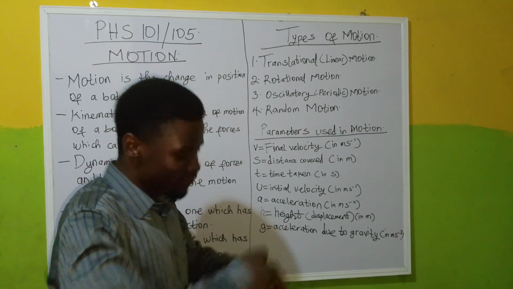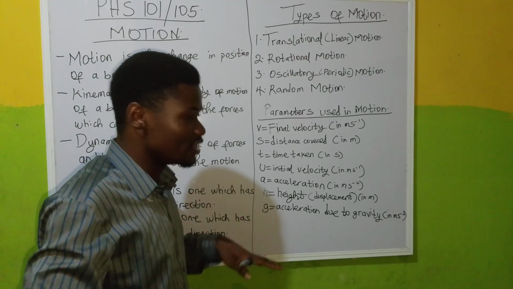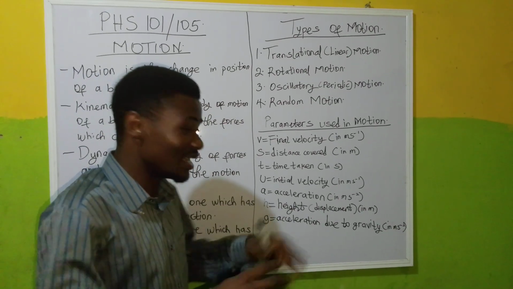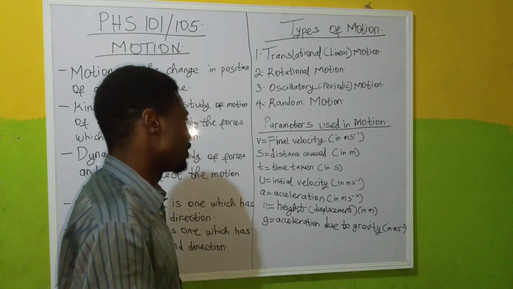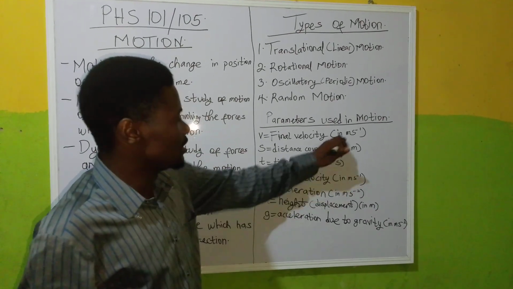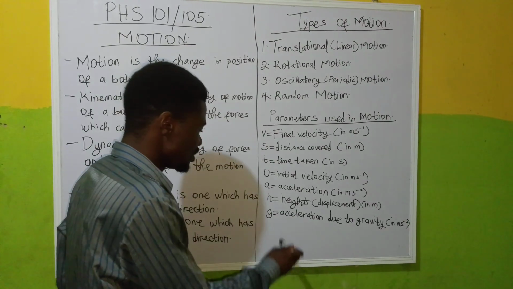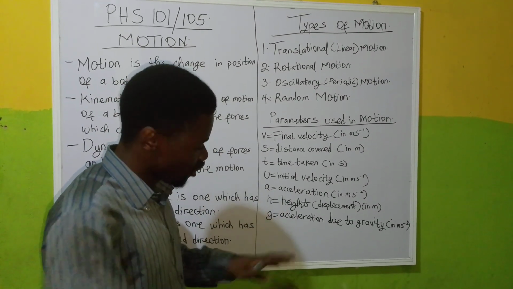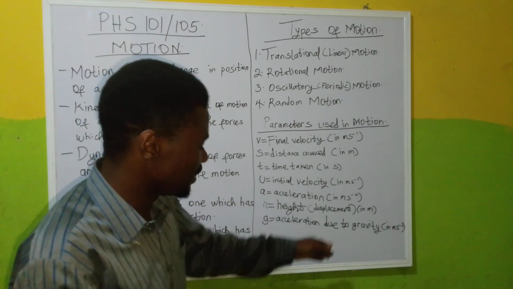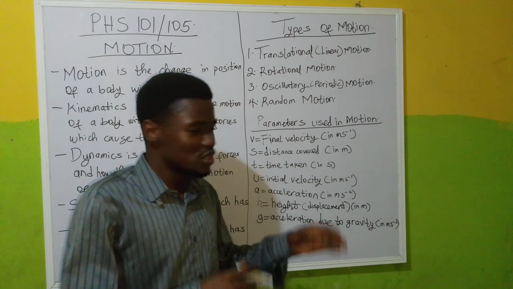So every object on the Earth is under the influence of gravity, whether we like it or not. So it is very crucial in the study of motion to know about this g, which is the acceleration due to gravity, which affects all objects on Earth. The unit is meter per second squared.